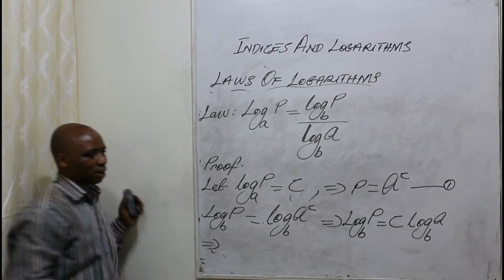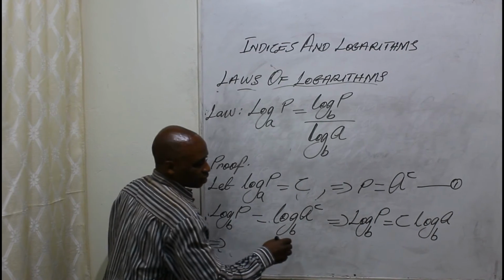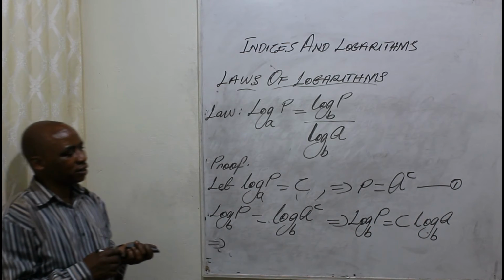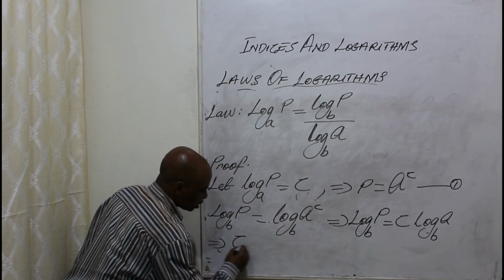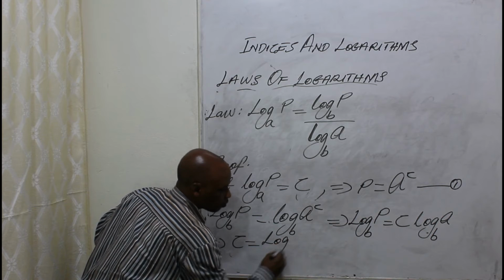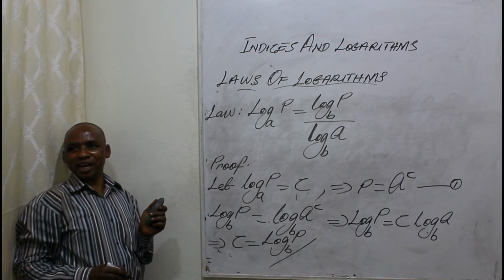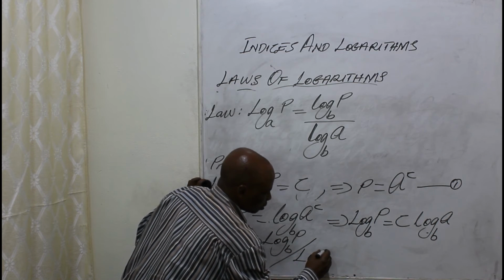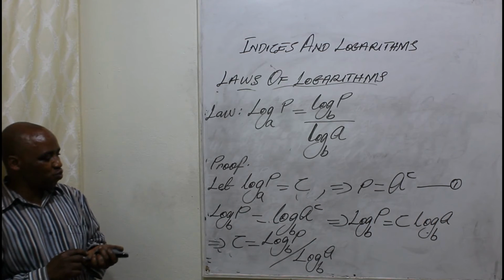Now making c the subject by dividing through by log a to base b, we will end up getting c being equal to the log of p to base b divided by the log of a to base b.